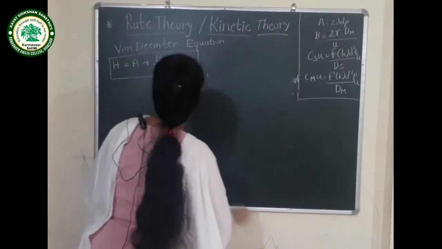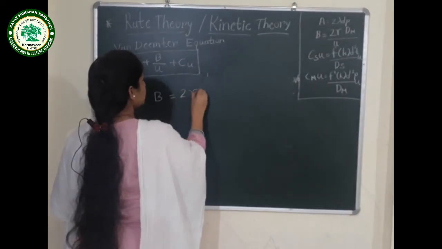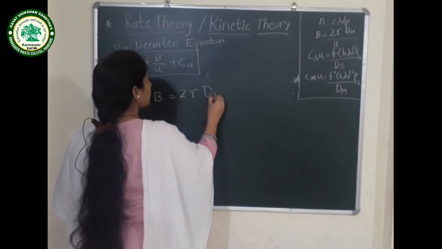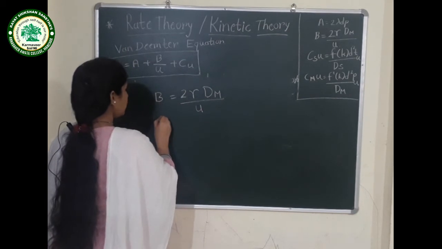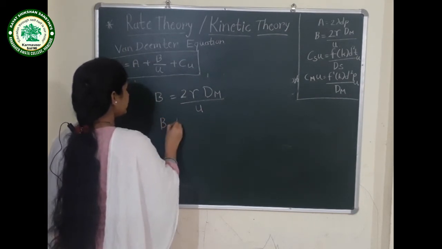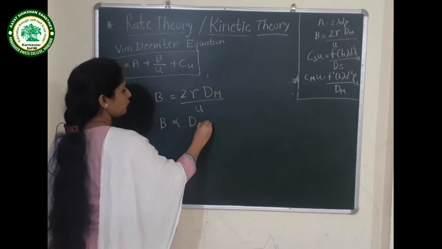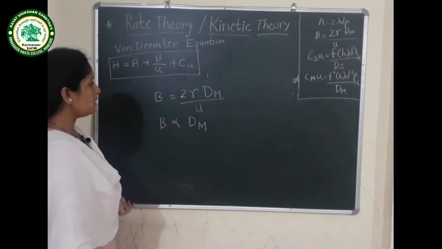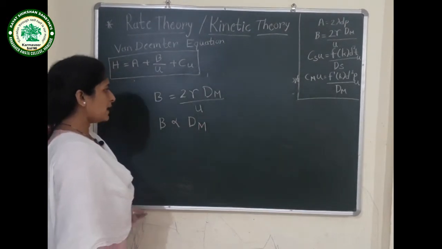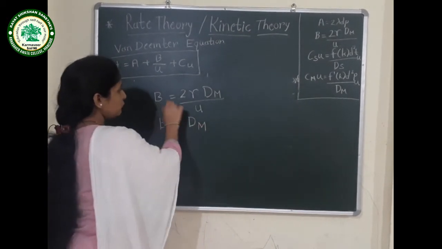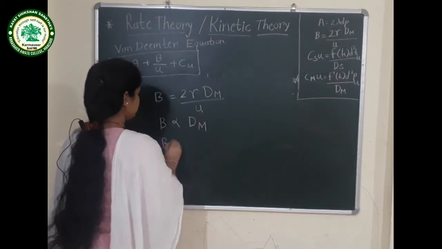Now this longitudinal diffusion B is given by the equation 2 gamma Dm upon mu, meaning longitudinal diffusion is directly proportional to the diffusion coefficient of the mobile phase. What is this Dm? Dm is the diffusion coefficient of the mobile phase, and this longitudinal diffusion is inversely proportional to flow rate.